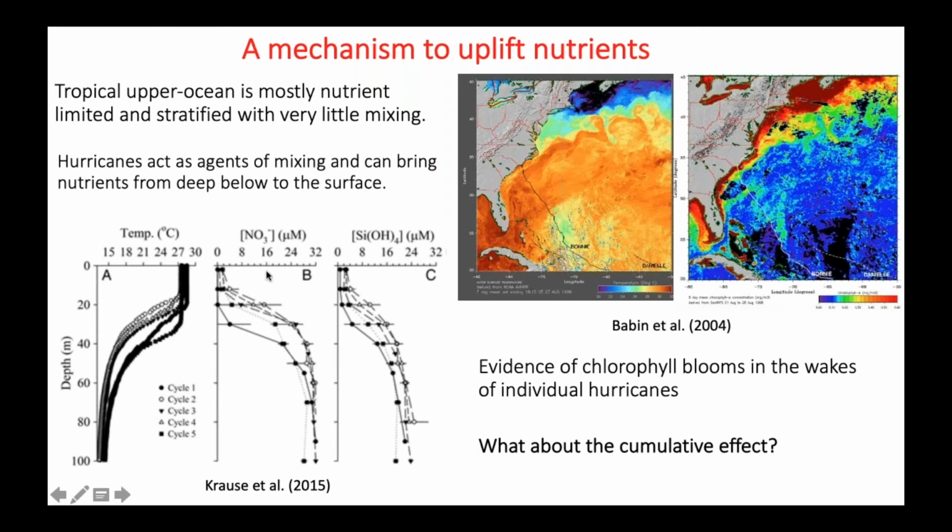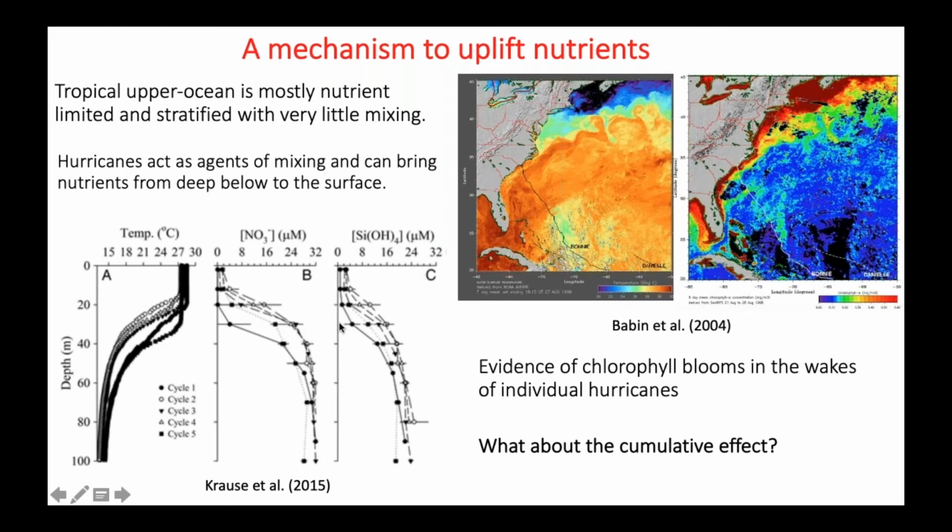And in the tropics, you don't have very strong mixing agents, and many regions are even known as ocean deserts. If you're away from major rivers like the Amazon or Mississippi, typically you don't have a source of nutrients at the surface.